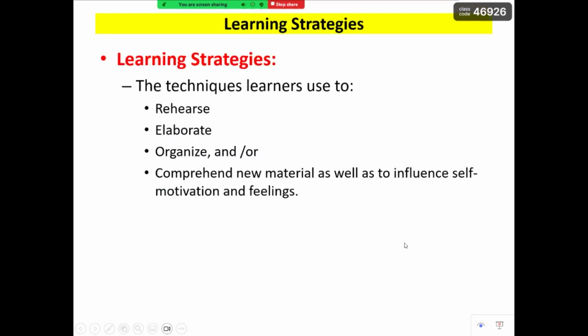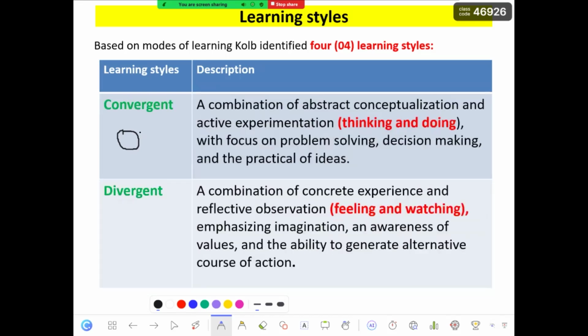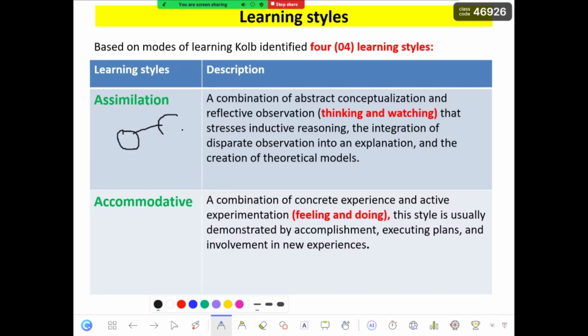Let's suppose you have this whole learning cycle. What is this step? Convergent, divergent, convergent, divergent, and accommodative, right? So now create a picture.